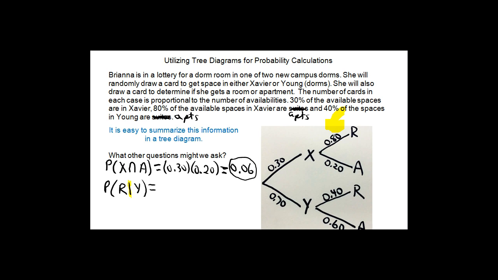But where? Well, let's look. We want the probability that Y has happened. Brianna got in Young, but the probability of getting a room. Well, if you go down the Young branch and the room branch, you can see that you're looking right here.